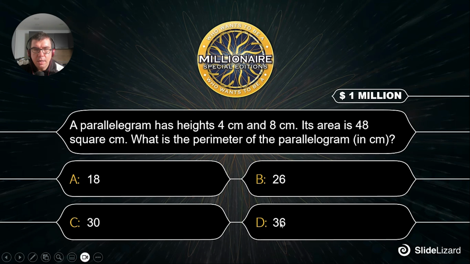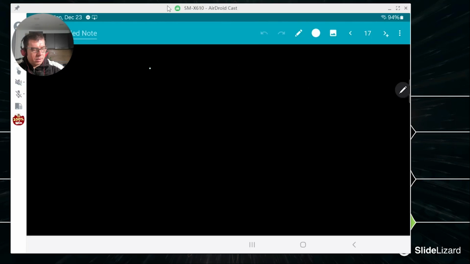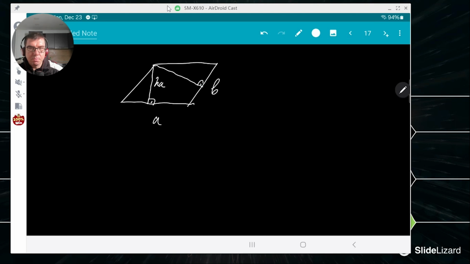Did you find D? 36? 36 is correct. This is how my parallelogram looks like. This is A, this is B. This is the height towards A, let's call it HA, and this is the height towards B. Let's call it HB.